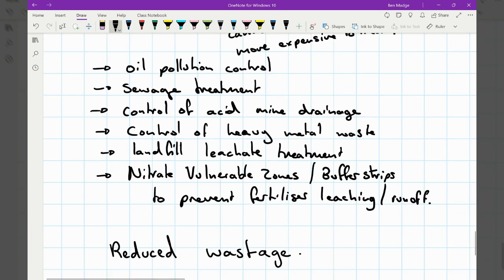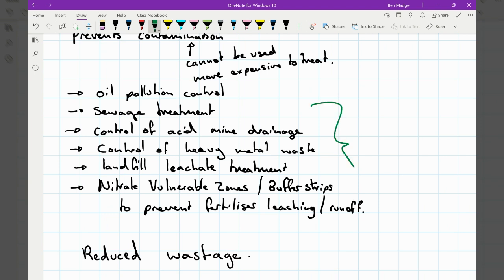And all of these can be promoted by using things like laws or legislation that requires companies or individuals to treat waste products appropriately before disposal. And that's something we'll look at more in a later chapter.